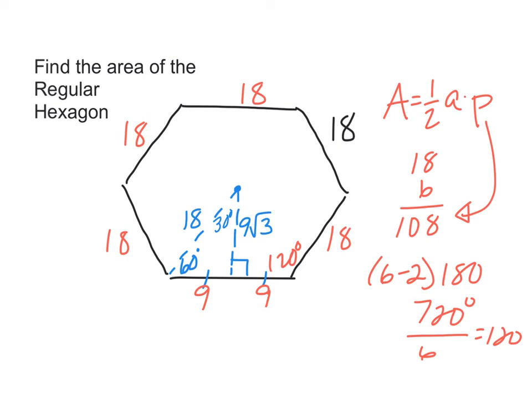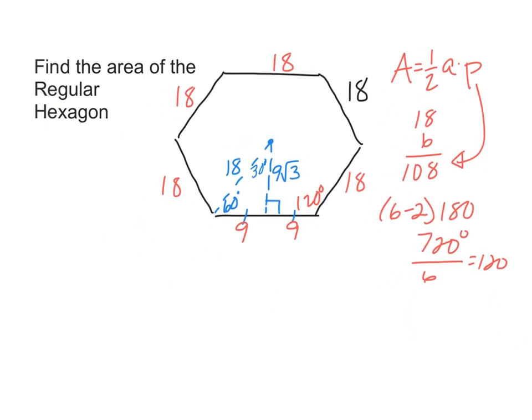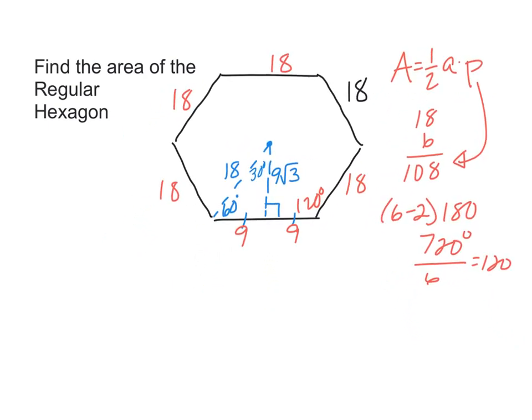Now, if you didn't know that, you could also use one of our trig functions that we did not too long ago, actually the last time we talked. Since we were looking for this part right there, maybe I make this a little bit easier. What if I take this triangle that we're drawing and pull it over here for a second?